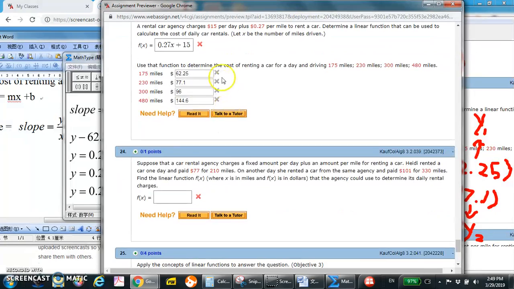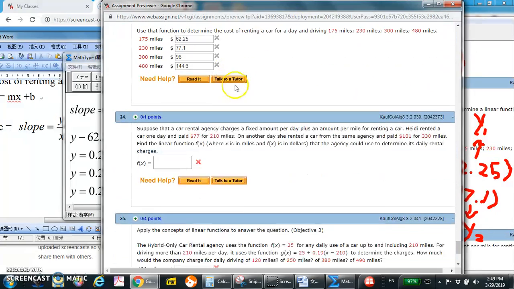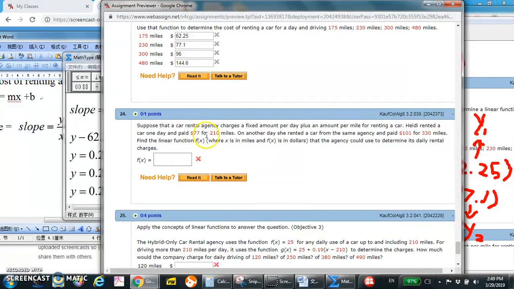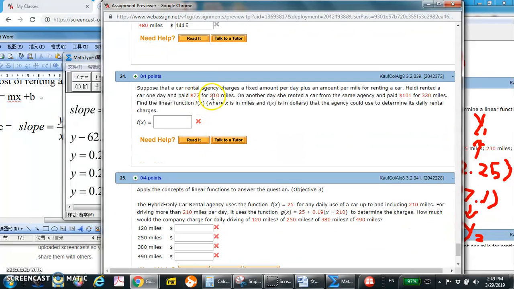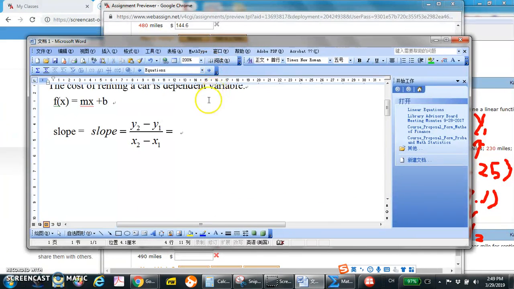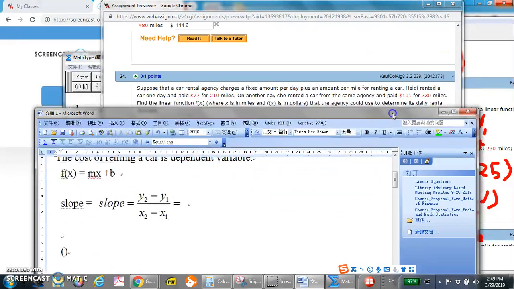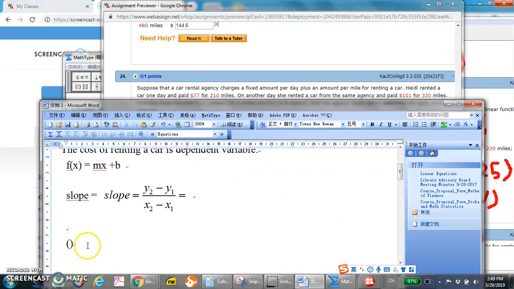Now, using the same method, we can do the second problem. In this problem, we're given that you pay $77 for driving 210 miles and pay $101 for driving 330 miles. So we are given these two ordered pairs. Also, keep in mind the number of miles is the x.